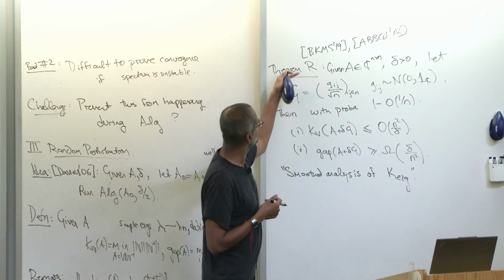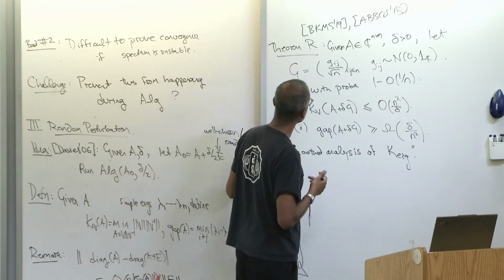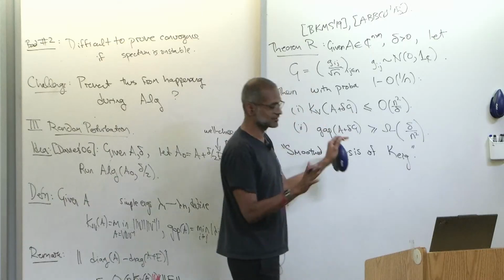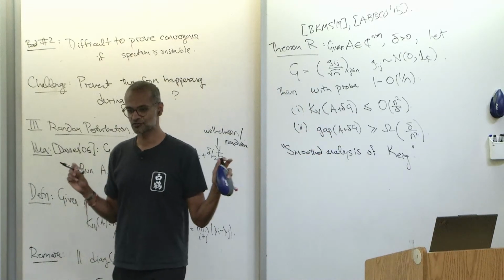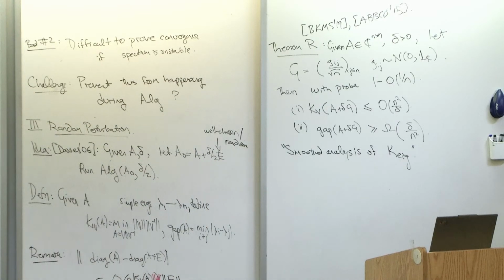So this theorem should be attributed to both Peter and his collaborators and to us. And there are two very distinct, really different proofs of this. Our proof is via a notion called pseudospectrum.